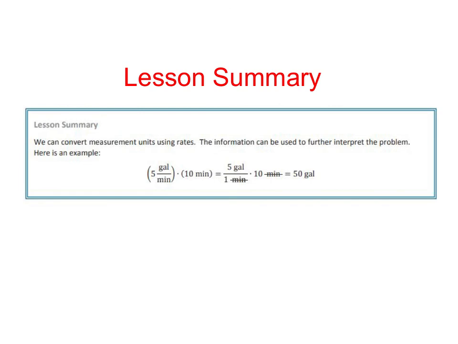Oh, this is a summary. See how we don't do very many problems? Okay, lesson summary. We can convert measurement units using arrays. Information can be used to further interpret the problem.